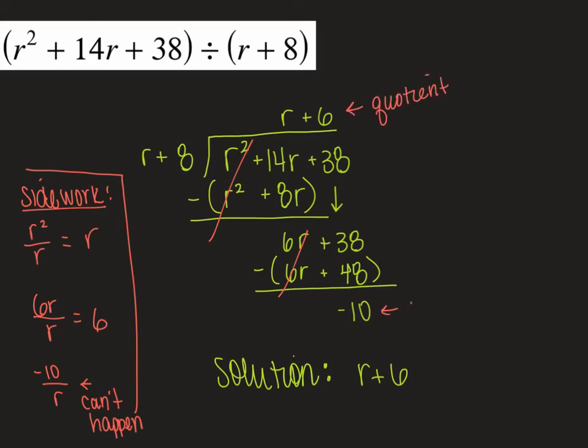And then we have our remainder. So we're going to put on, you can either do a plus sign or a minus sign depending on the sign of your remainder. Our remainder is negative, so we're going to do minus 10 over our divisor, so r plus 8. And that would be our whole final solution.